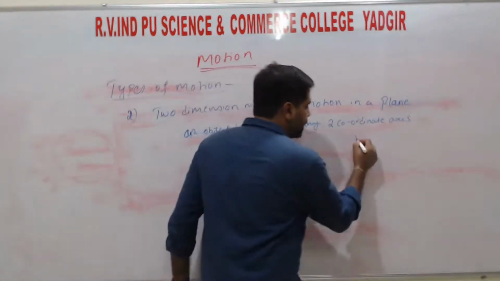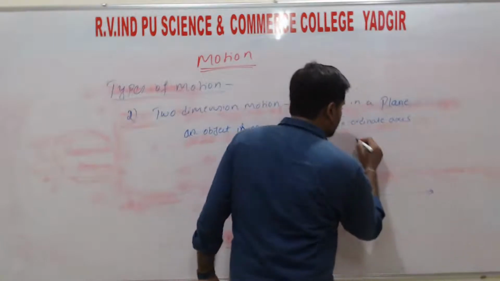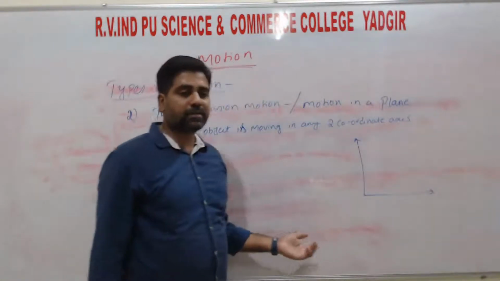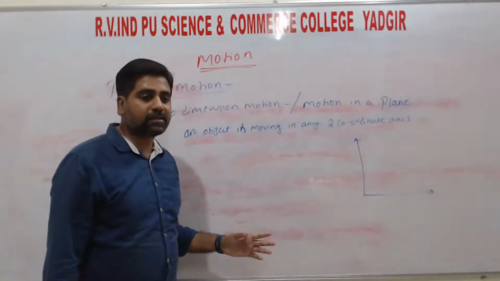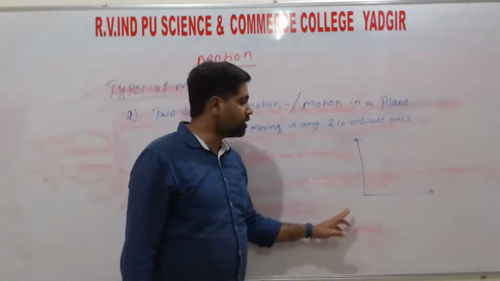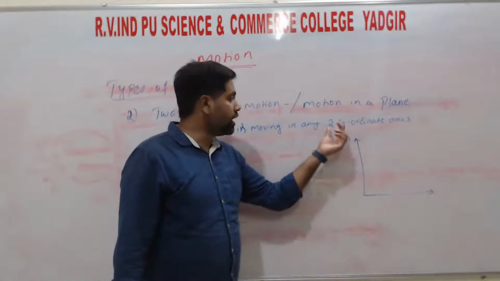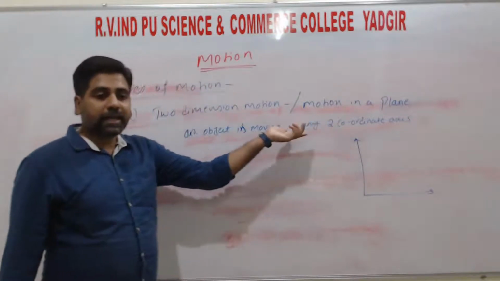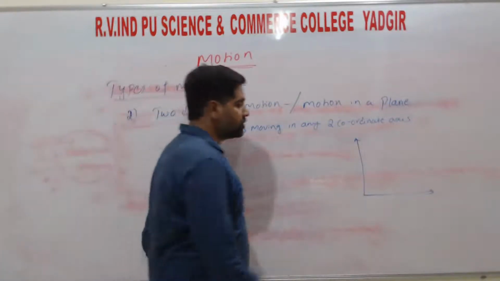That means it can take either the xy axes, or the yz axes, or the xz axes. That means in a coordinate system we have three axes, right? Out of three, here the object is taking two coordinate axes.